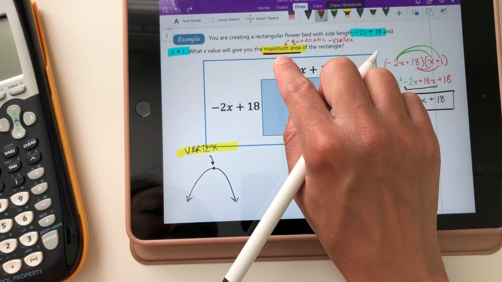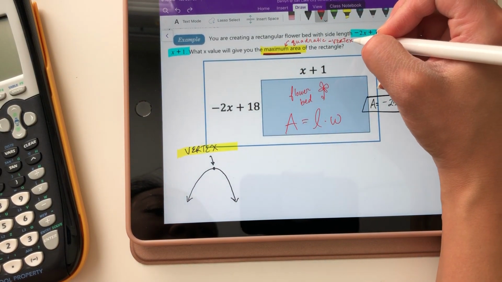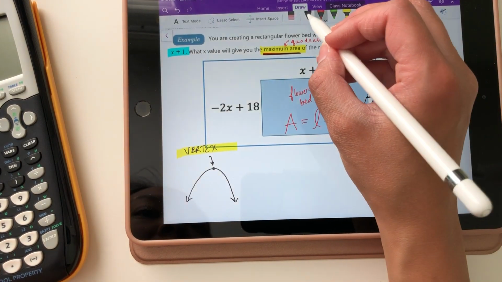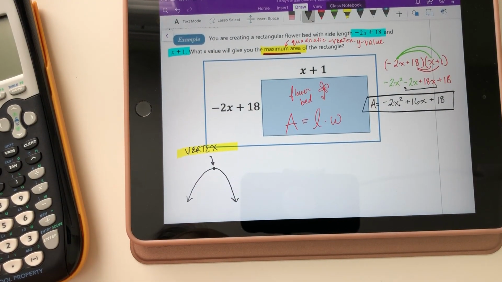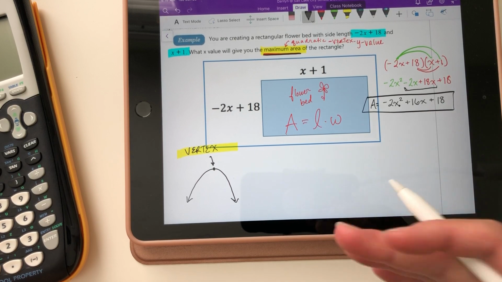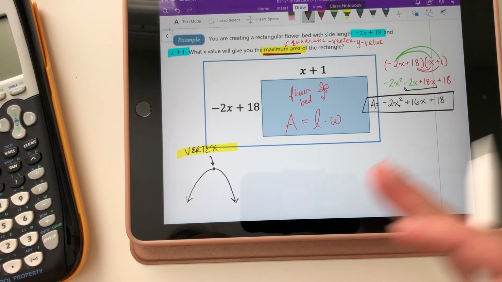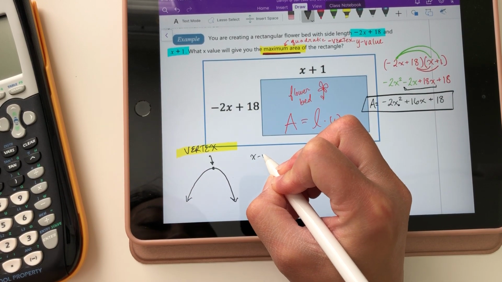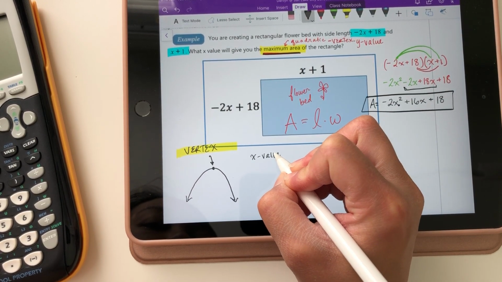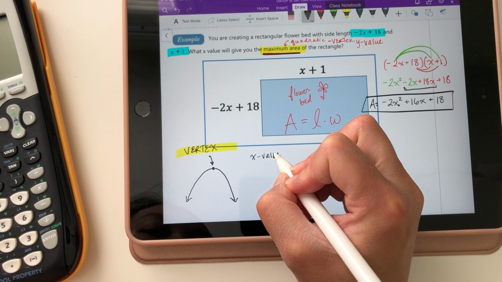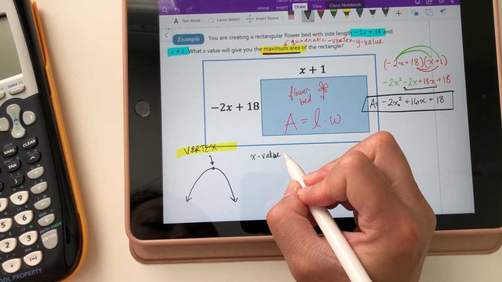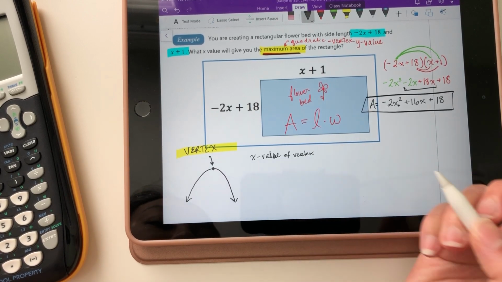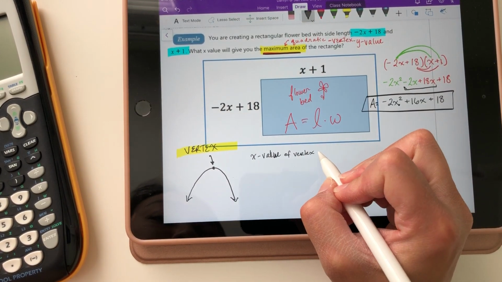So I'm going to add on to here, this wants the y value of the vertex. Okay, so the weird thing about math is that sometimes you have to do steps to get to what you ultimately want to get to. Like, for example, we actually have to find the x value of the vertex to even get to the y value of the vertex. So we need to find the x value of the vertex first, and then we can use that to find the y value of the vertex.